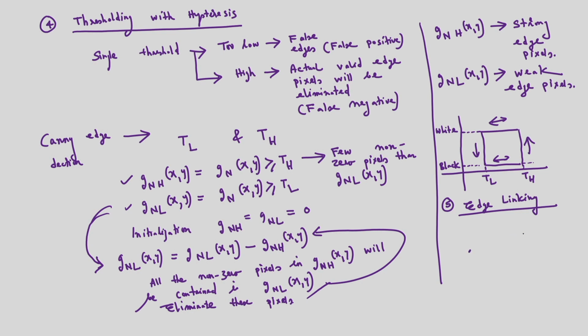I have to connect the edge pixels based on some conditions to get the boundary. By considering step number 1, 2, 3 and 4, I can get the strong edge pixels and the weak edge pixels. After this I have to do the edge linking.